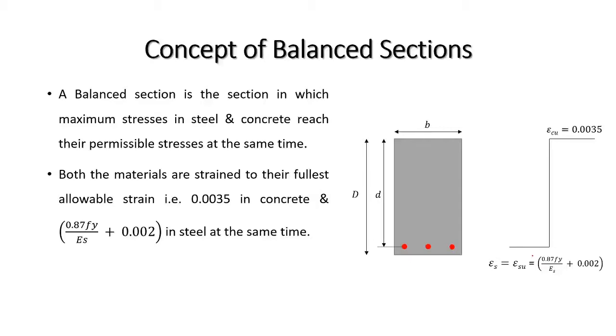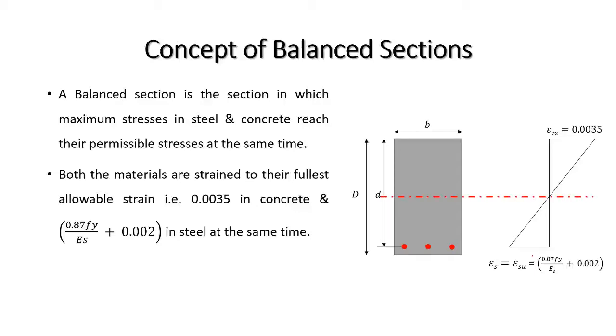These two values reach simultaneously, means that both the materials, that is concrete and steel, are stressed or strained at the same time to their maximum capabilities, then that particular section is called a balanced section. In simple way, we can say that both the materials are stressed to their fullest capacity at the same time, and that particular section is called a balanced section.